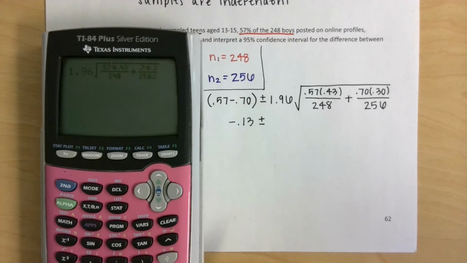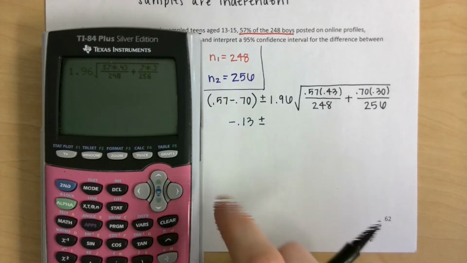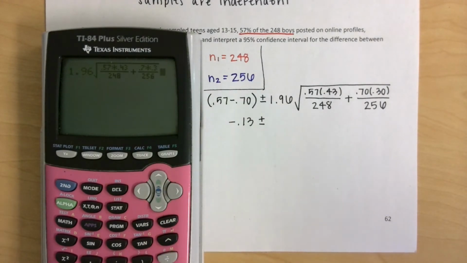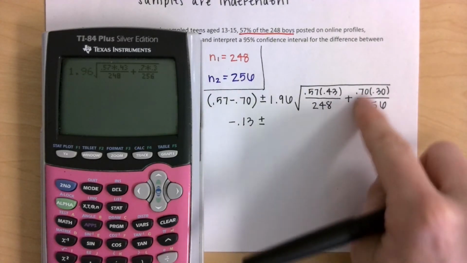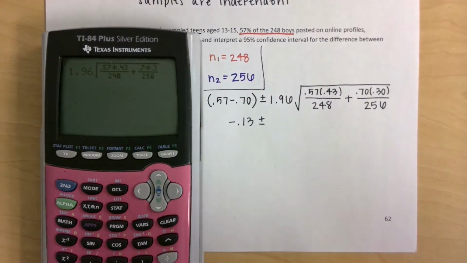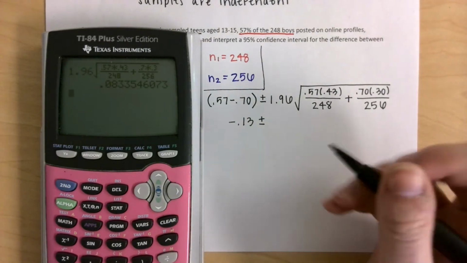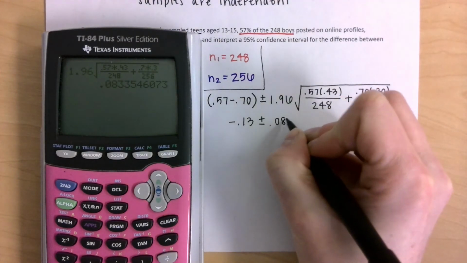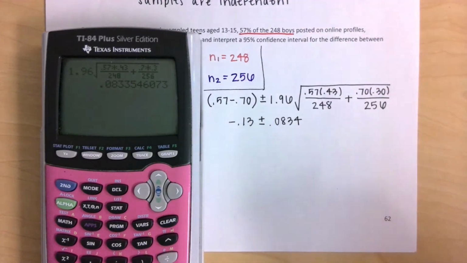I'm typing it all in at once using that fraction template. If your calculator doesn't have the ability to do that fraction template, you might have to type things in individually, like type in this first one, add the second one, then square root it. Play around with it, make sure you get the same answer as me. You should get a margin of error of 0.0834.